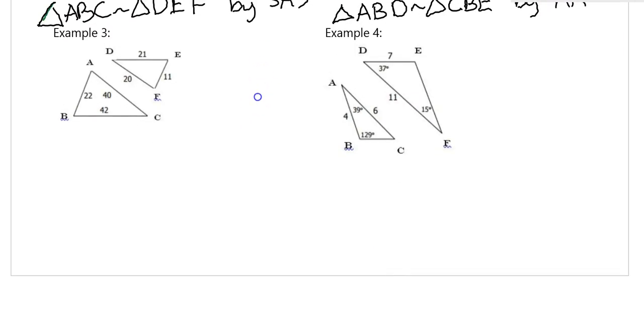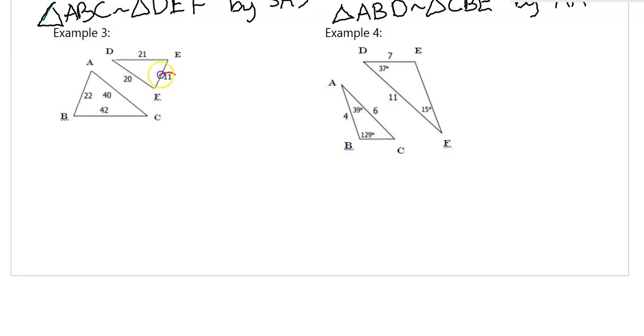Alright, looking at example 3, what do I know about this triangle? Well, with this triangle I have 1, 2, 3 sides, 1, 2, 3 sides. Okay, so I know 3 sides of both. So I'm going to be looking at side, side, side.